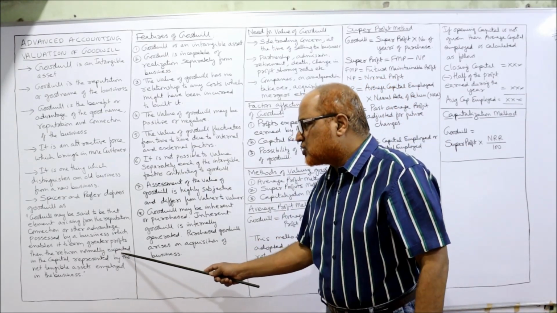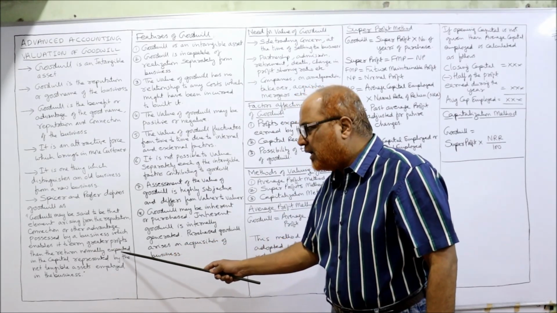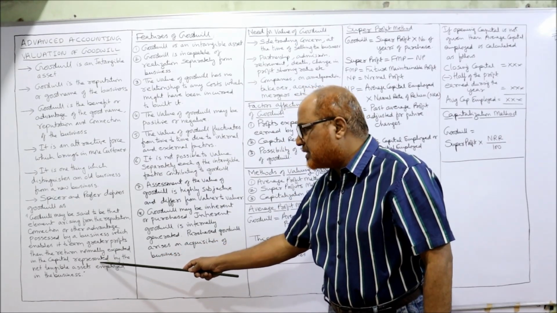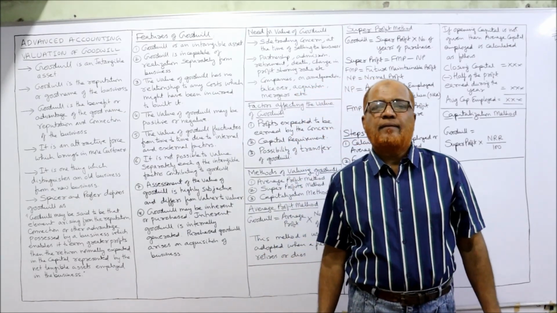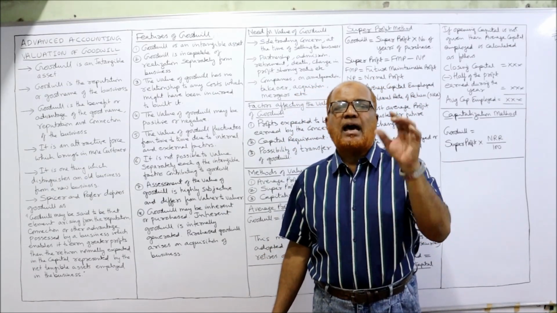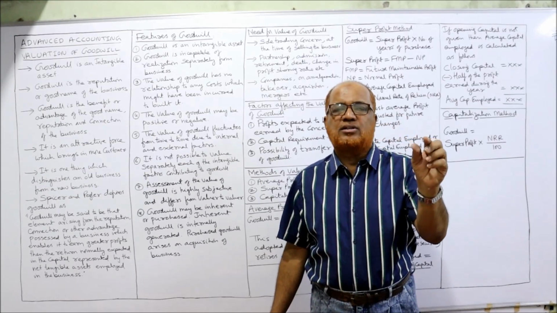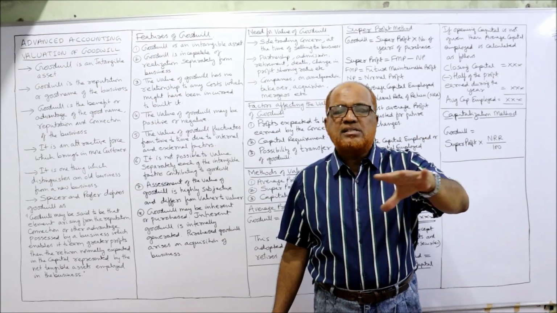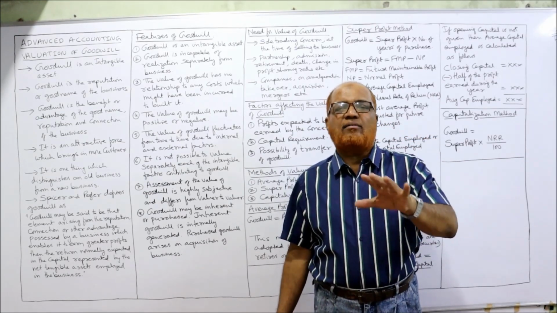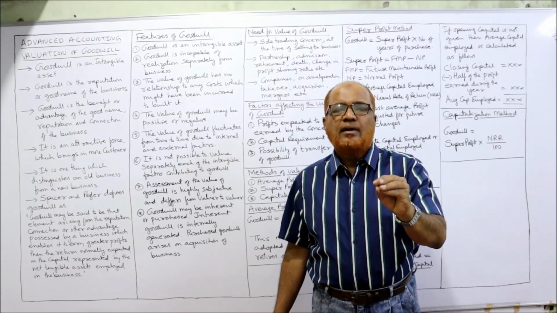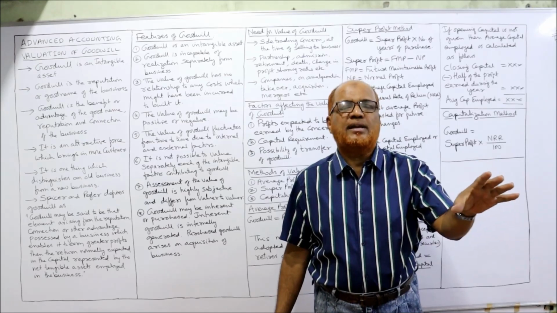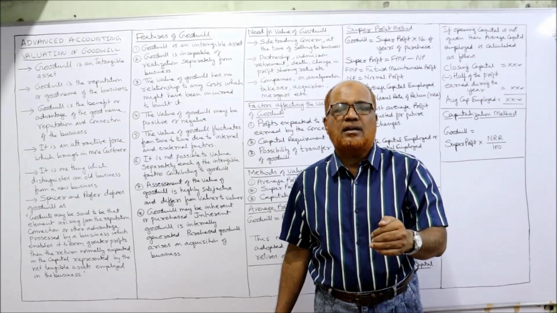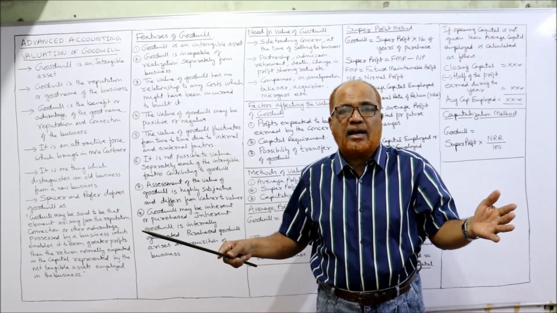Then, the return normally expected on the capital represented by the net tangible assets employed in the business. That means normally a business will have a certain percentage of return. Example, in the pharmaceutical industry, they will say that our return is 30%. That means whatever investment we make in net tangible assets, 30% is the return which normally every business will get.